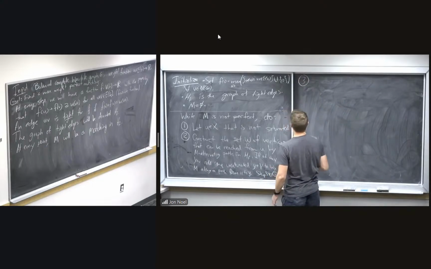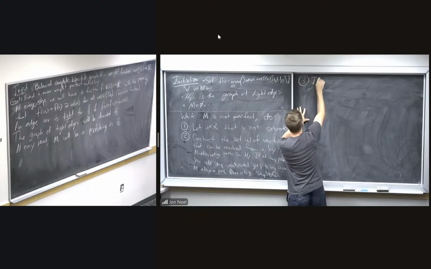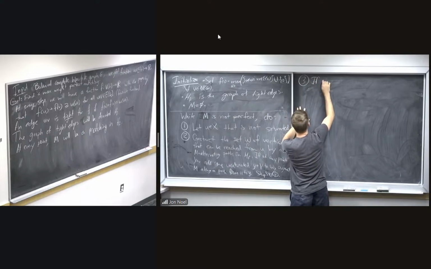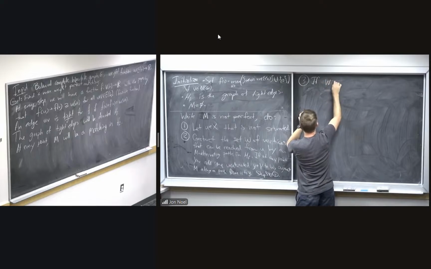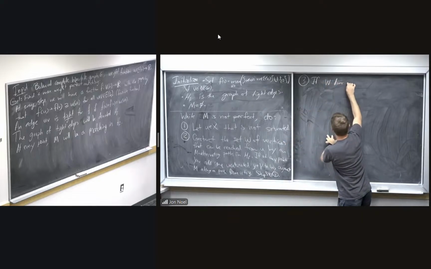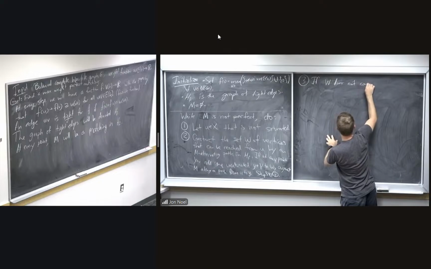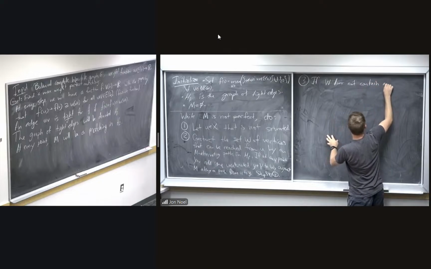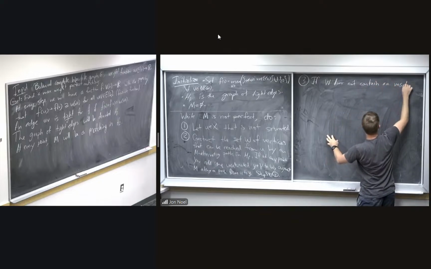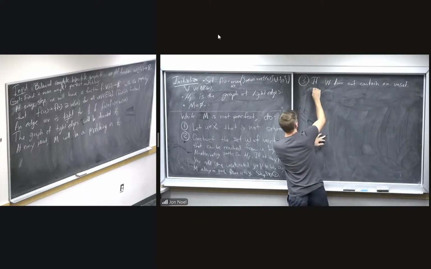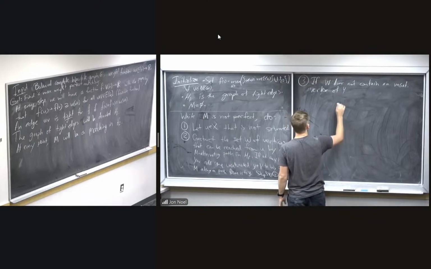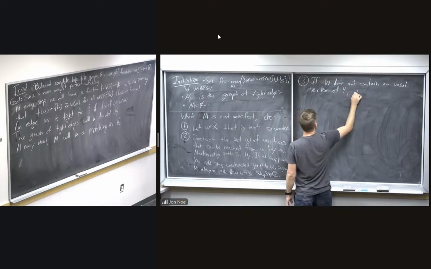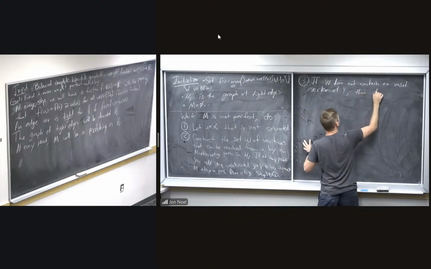So if W does not contain an unsaturated vertex of Y, then we do the following.